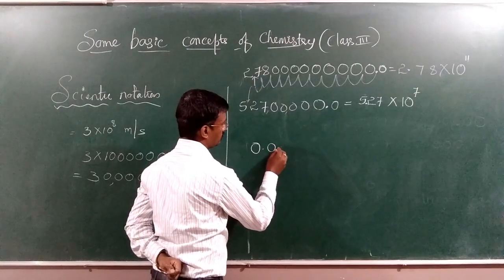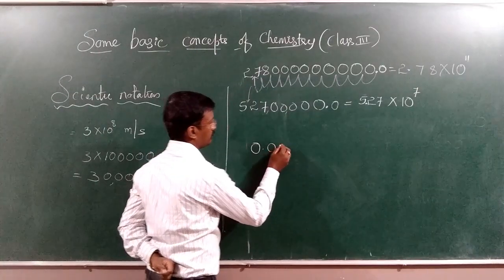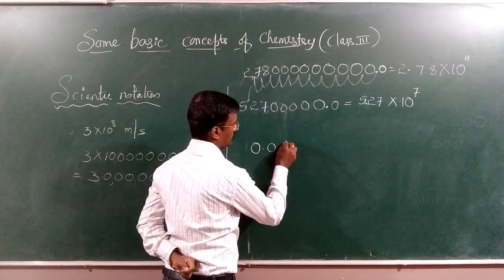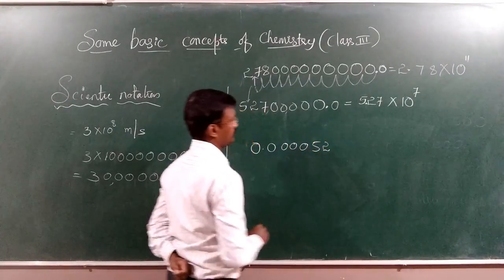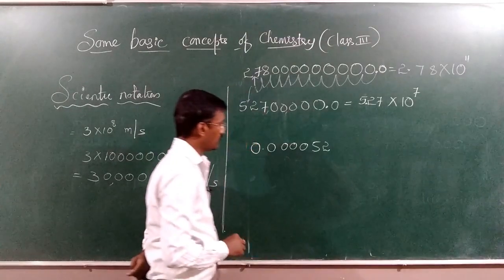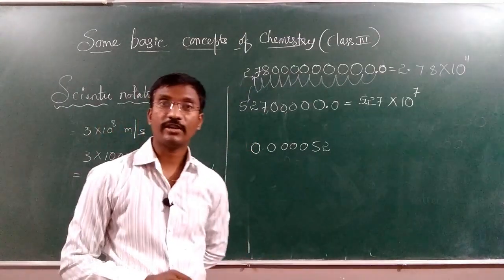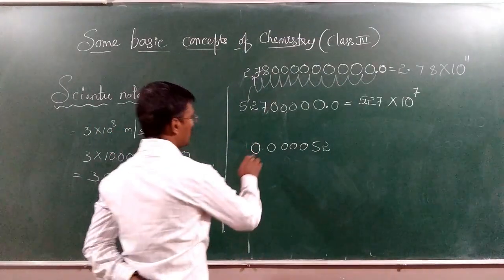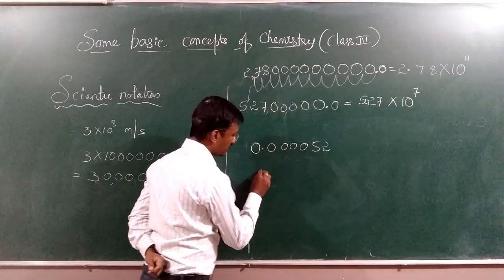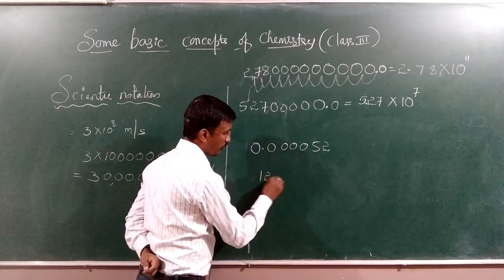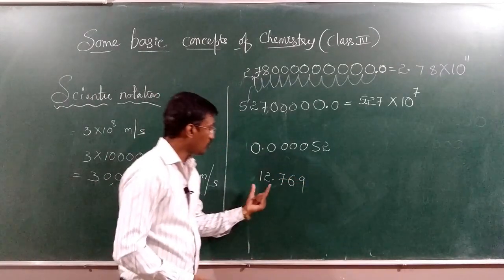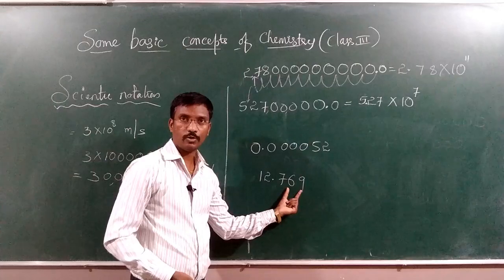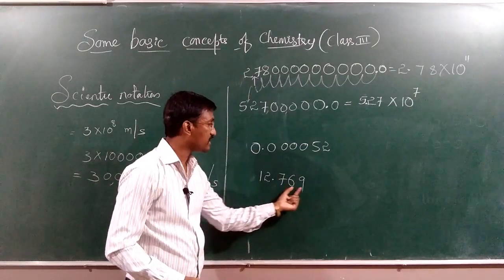Take the number 0.00052. How do we write this in scientific notation? Look here: after the decimal point, if it is 12.769, we are not supposed to say 12.769 as 769.